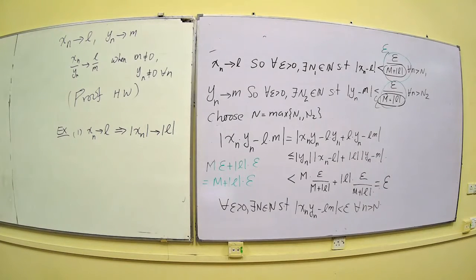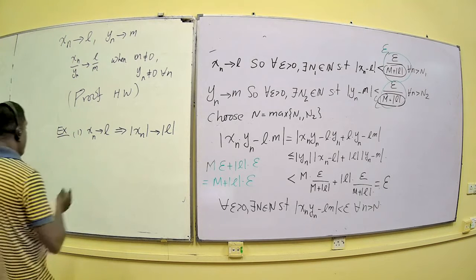The first result is: if x_n is a converging sequence that converges to a finite limit L, then the absolute value of the sequence will converge to the absolute value of the limit. And so that is the first result.